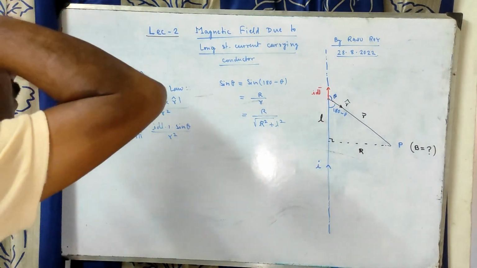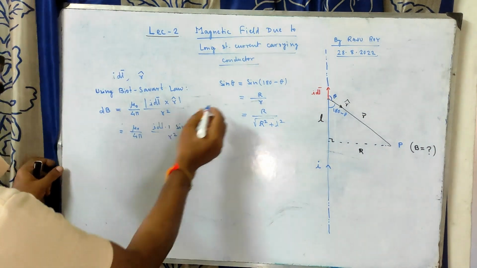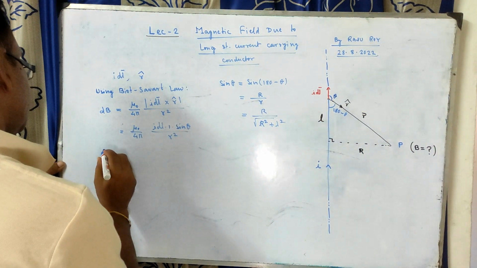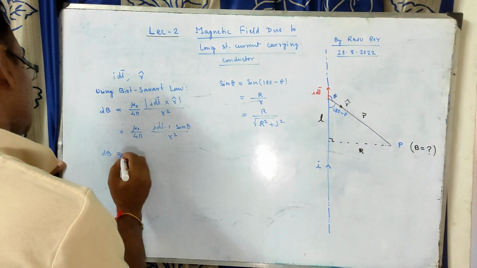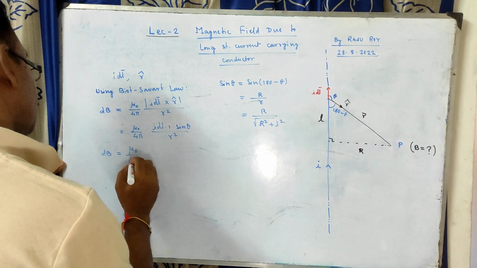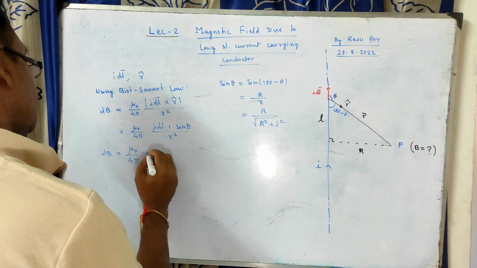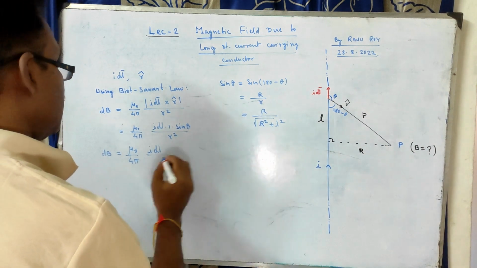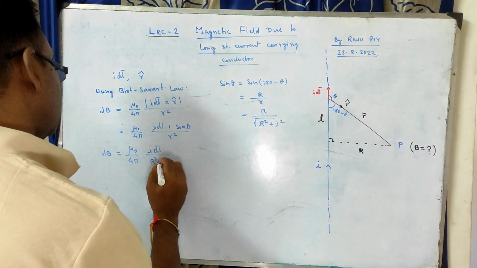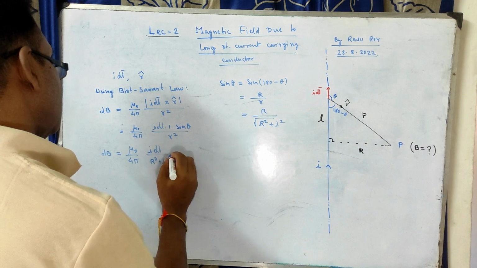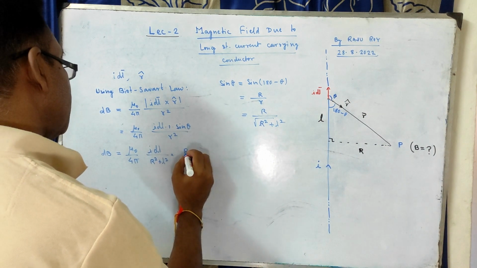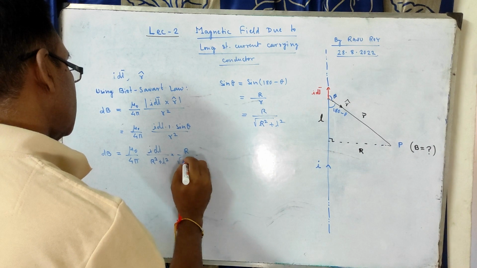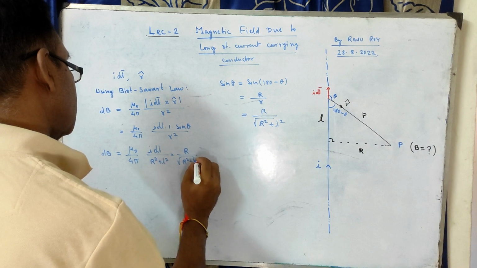So now let us write this value here. dB is equal to mu naught by 4 pi, I dl divided by r square, which is R square plus L square, into sin theta, which is R divided by root over R square plus L square.